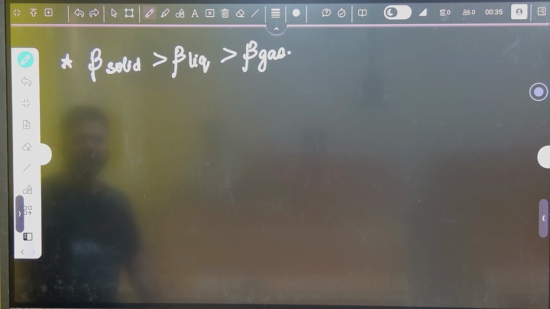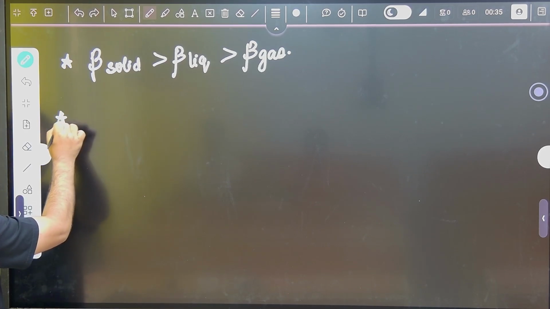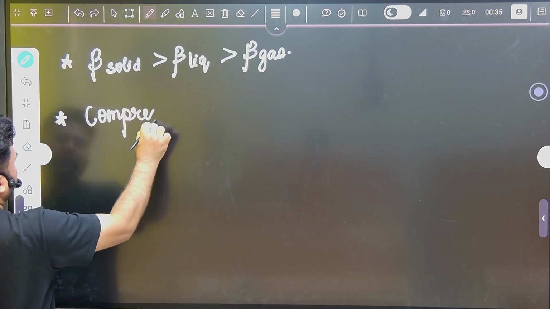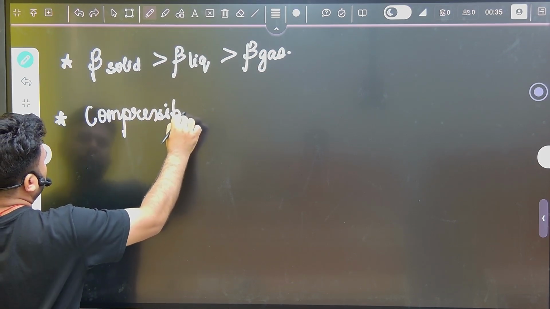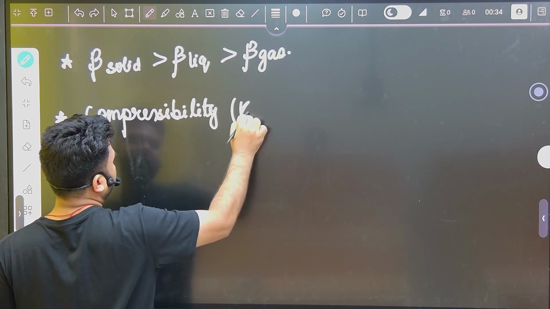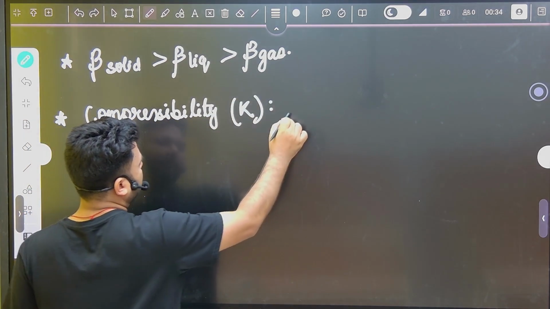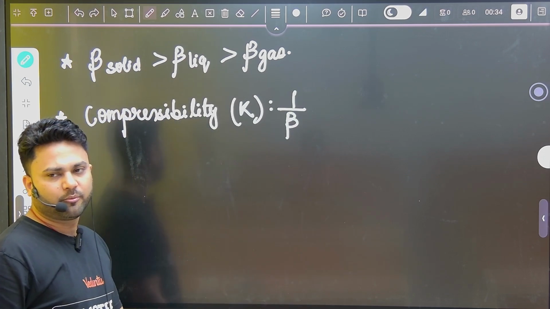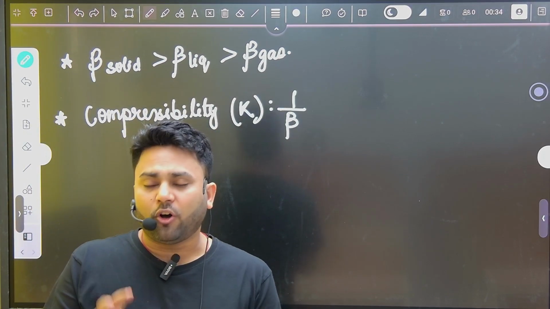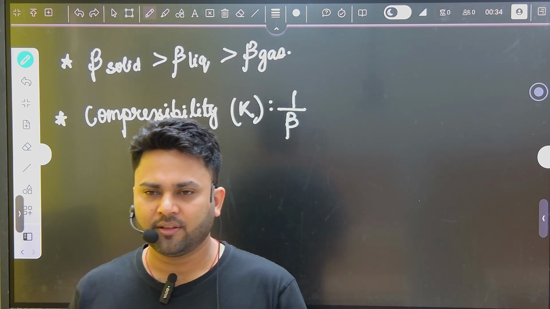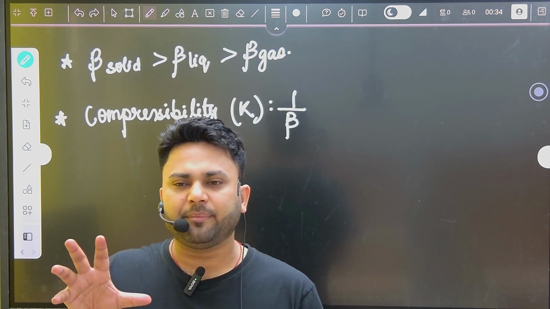Right? Now they define one more term, compressibility. They represent it by capital K. What is compressibility? This is the inverse of bulk modulus. Compressibility means how much you can compress. Out of solid, liquid, gas, which can be compressed more?